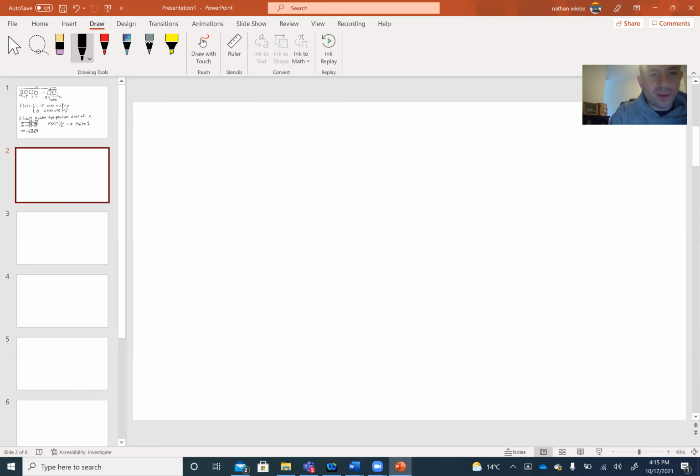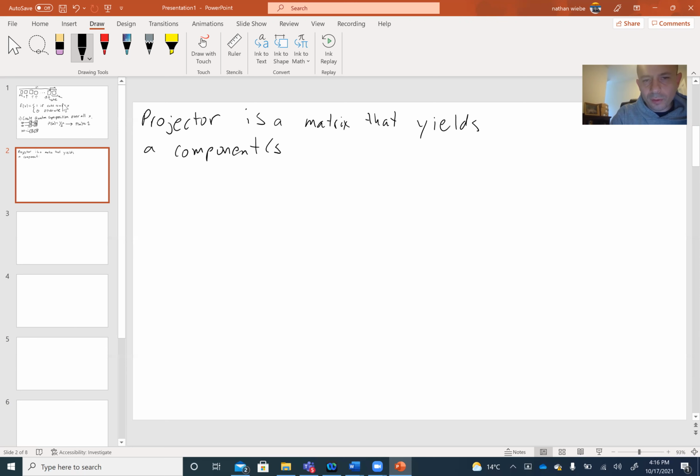The first is I need to remind you of what the definition of a projector is. So a projector is a matrix that yields a component or components of a vector.